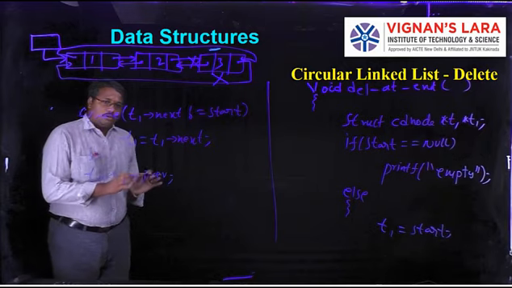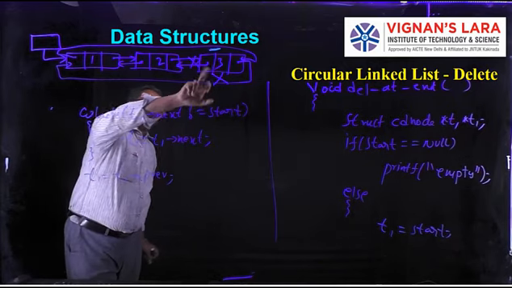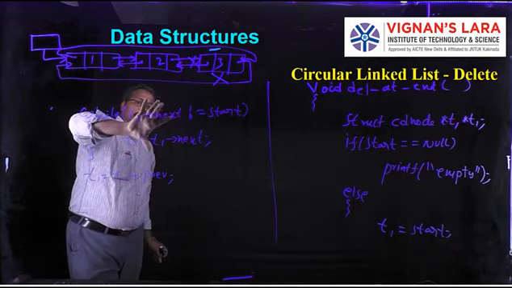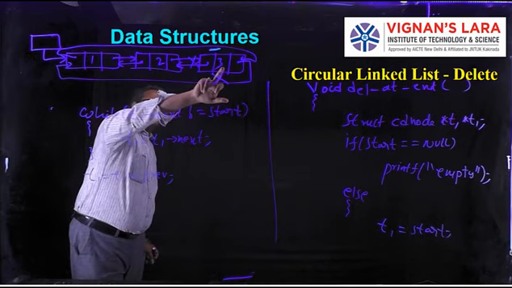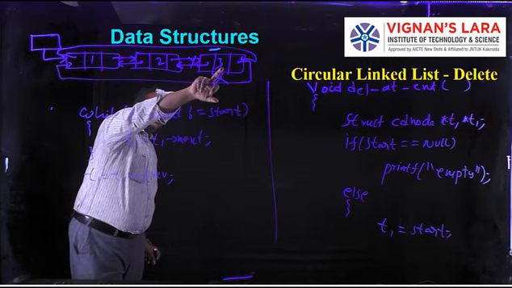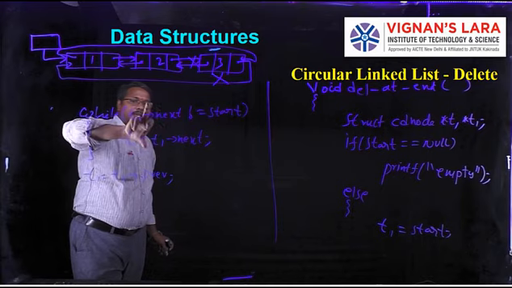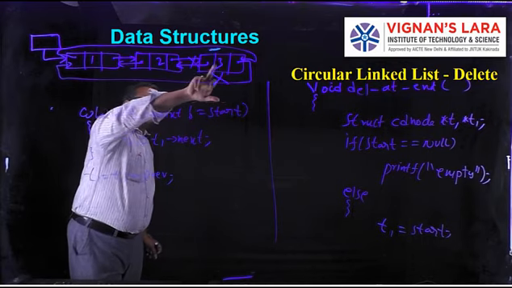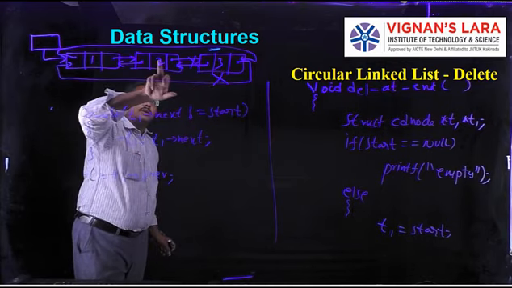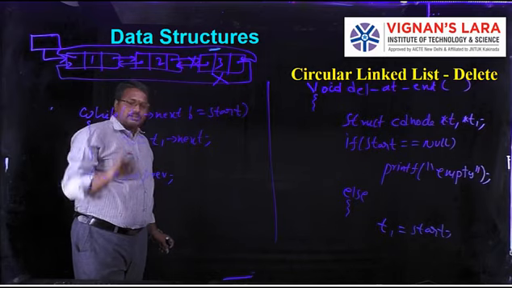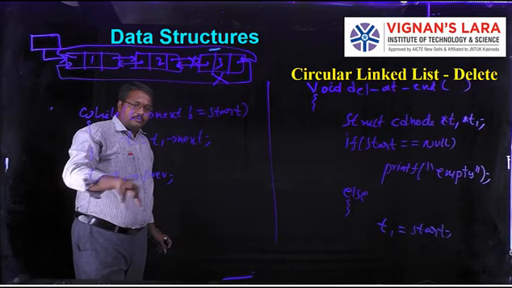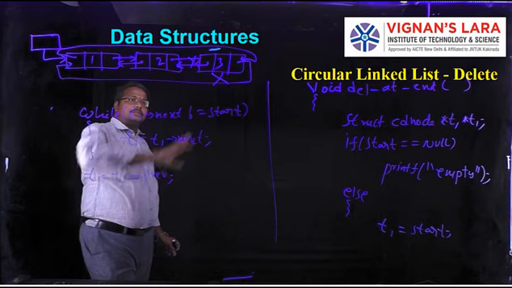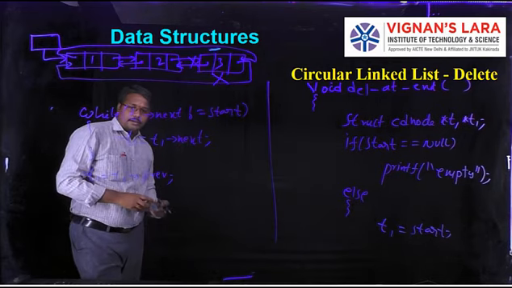When this loop breaks, I am having last node, means 3 node address. Whenever I want to delete this node, I want to get this node address. So for that, T1 is equal to T1 of previous. Means last node before node address I am fine.